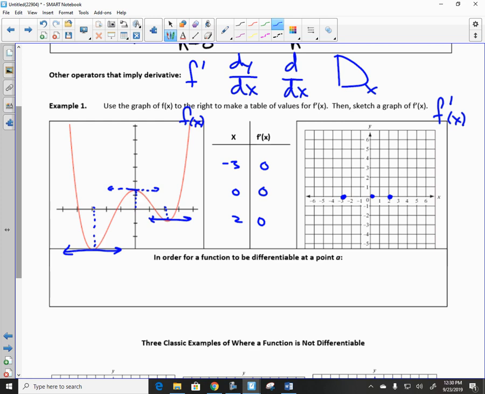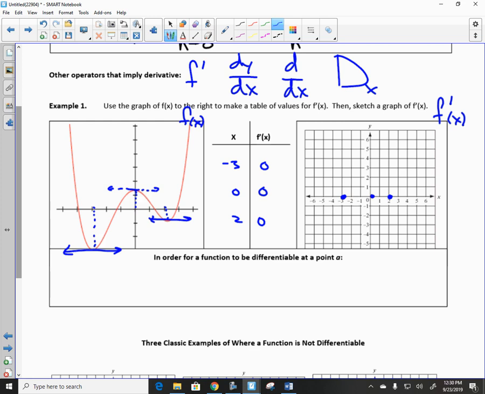So I want you to look on this side now. We're going to choose values that are less than -3. Can you tell me something about the derivative of the graph for x values that are less than -3? They're negative, right? And if the graph of the derivative is negative, what does it mean for a graph to be negative? Where does it sit if it's negative? It sits below the x-axis.